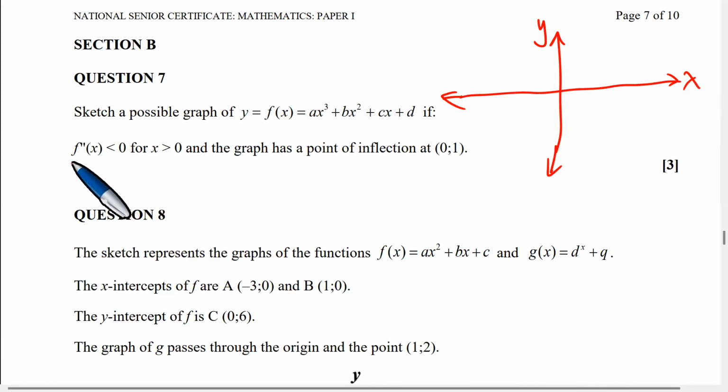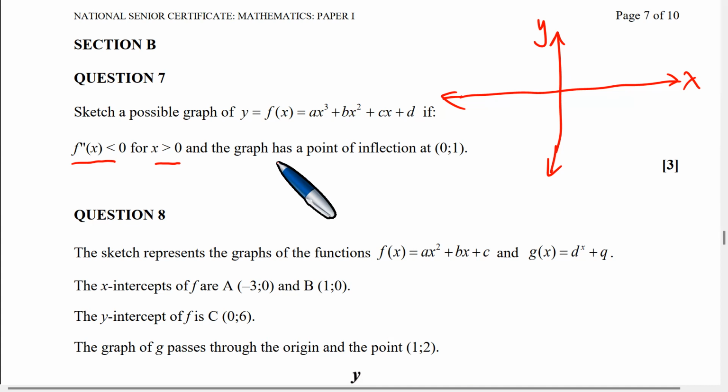The second derivative is negative, less than 0, for x positive, and the graph has an inflection at 0, 1.